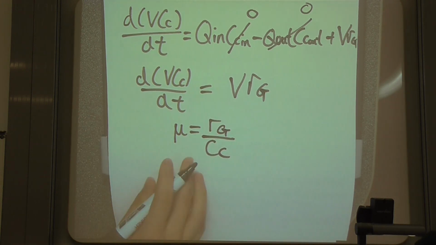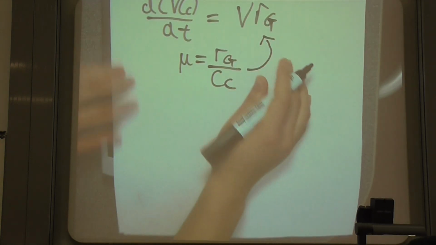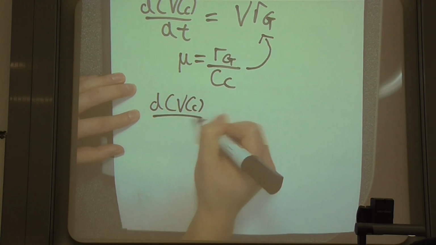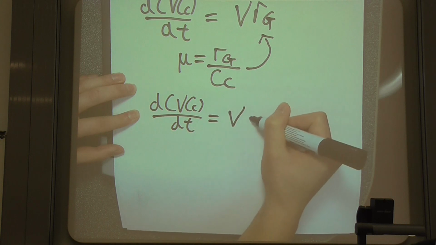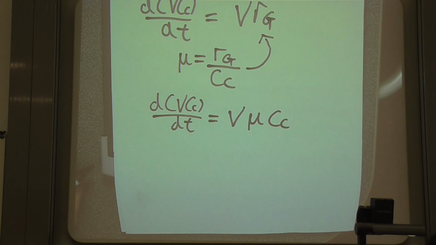If we rearrange and substitute this back into the equation, we get the rate of accumulation equals V mu Cc. So this is the mass balance for a fed batch process.